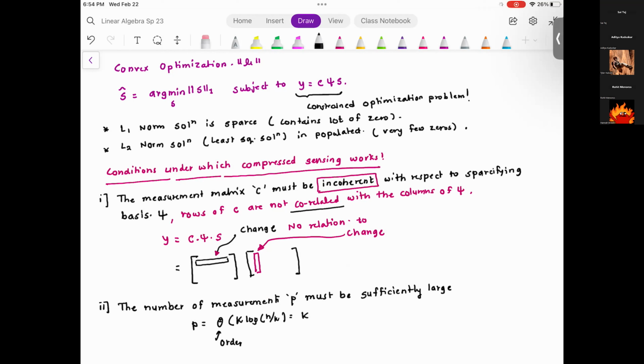So this can also be represented as K1 K log N divided by K. And this constant K is dependent on the level of incoherence.